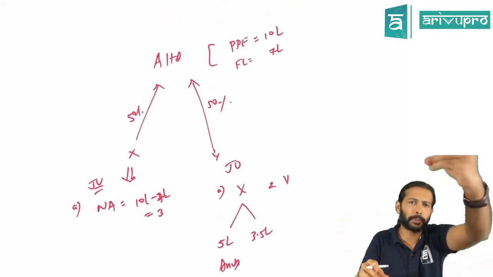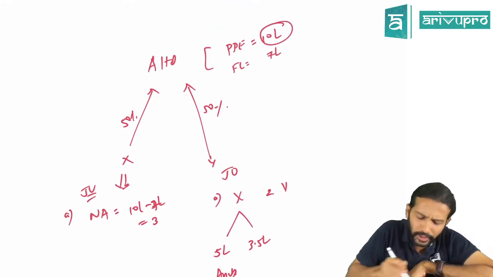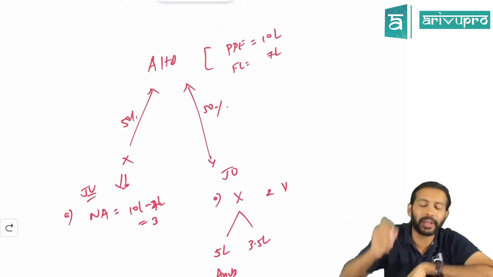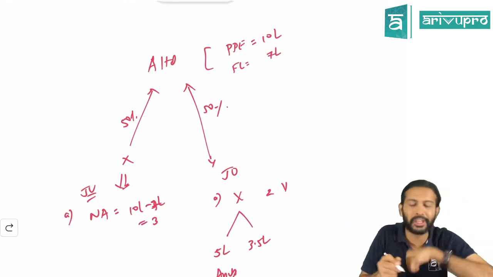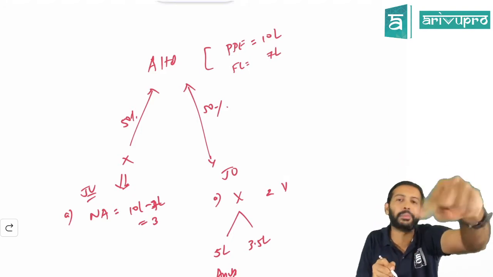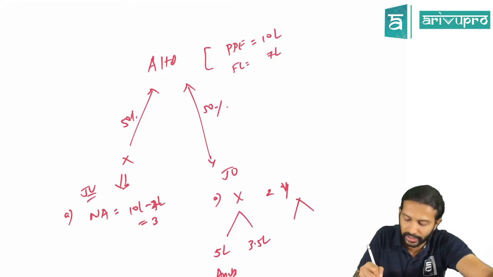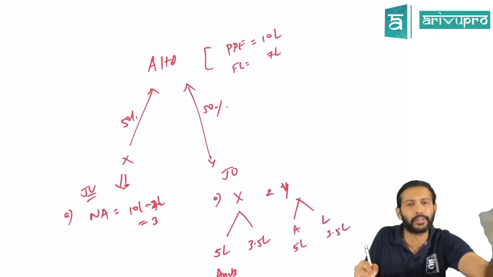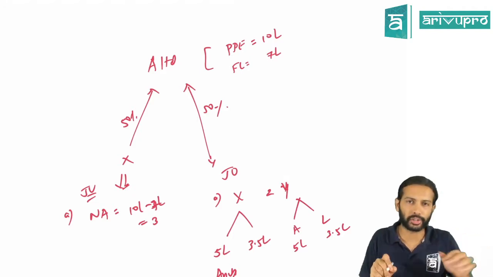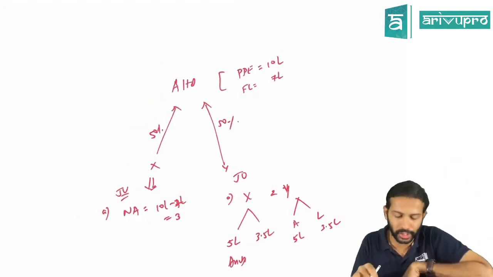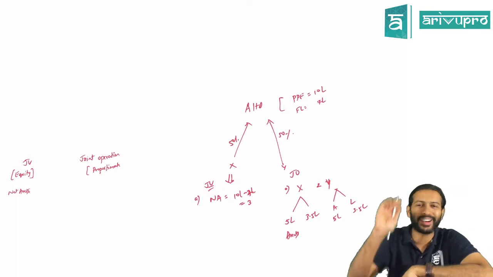So if the company shuts down, then X will claim 50% of this asset. At the same time, he also needs to take responsibility for 50% of the liability settlement. This is the difference. Same goes for Y also. He'll also have a right over these assets and liabilities to the extent of 5 lakh, 3.5 lakh, like that, 50%. That is your joint operation. That's what we mean by the proportionate method of consolidation.